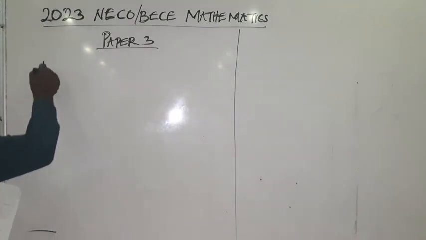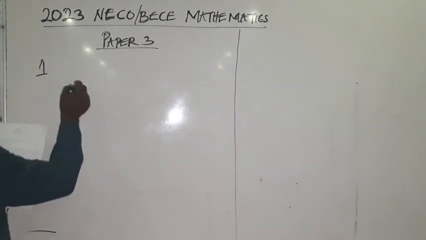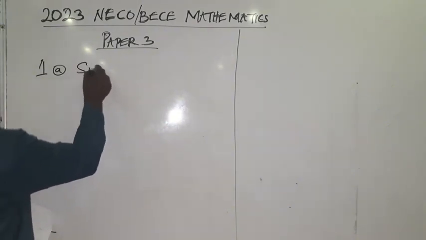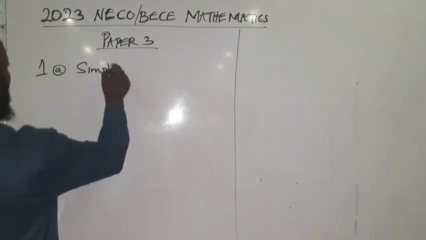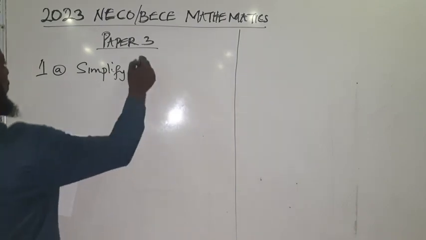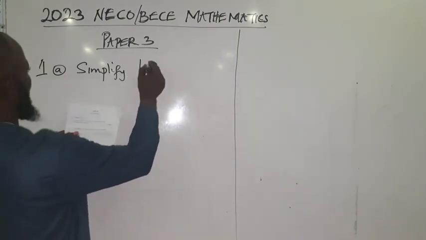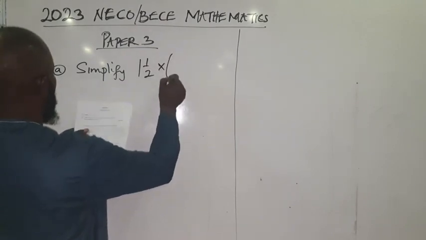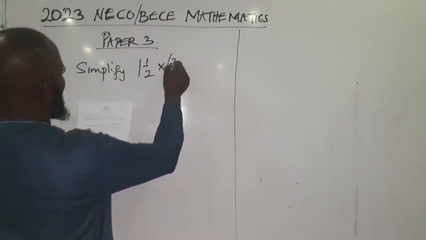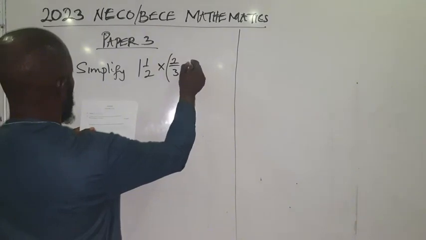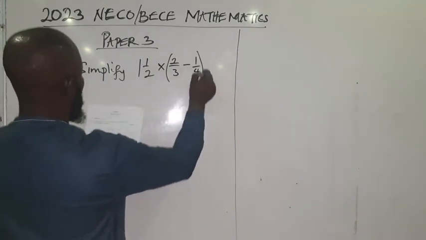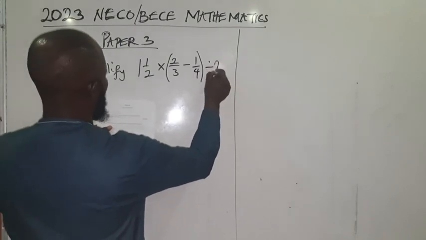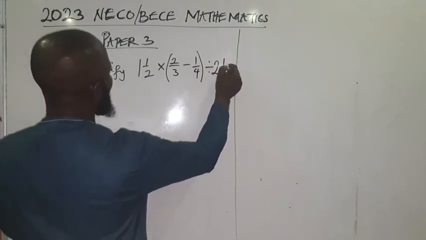The first question asks us to simplify. Question 1a, you have: simplify 1 whole number 1 over 2 multiplied by a bracket 2 over 3 minus 1 over 4, then divided by 2 whole number 1 over 2.